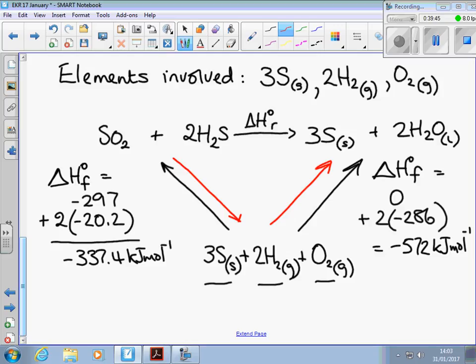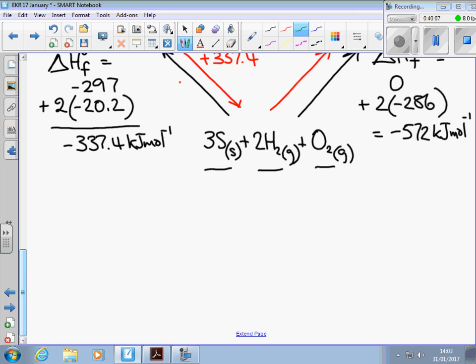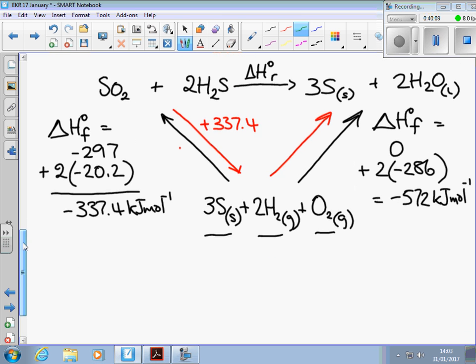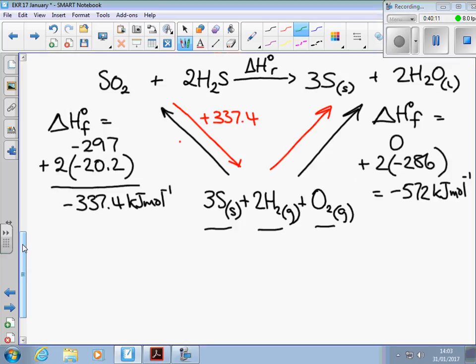It is. Yeah. All right, because it's minus 337.4 on this side, going the other way will be plus 337.4. So if you just follow the red route, you have the enthalpy change overall then. The trouble is I keep losing the... I'm writing too big, or the board's not big enough.